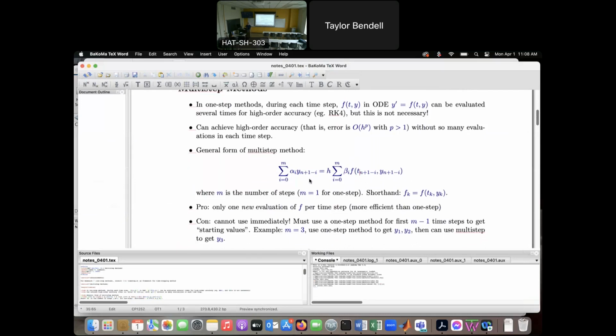The result is that multi-step methods are more efficient than one-step methods. Take RK4 for instance. RK4 evaluates f 4 times every time step at t and y values that were not used before. But as we'll see, you can get a fourth order accurate multi-step method that only evaluates f once each time step. So right away, your time steps are a lot cheaper computationally than in the one-step case.